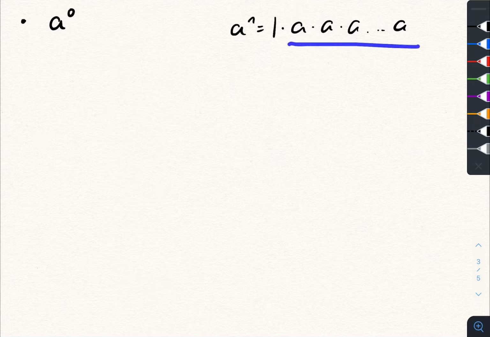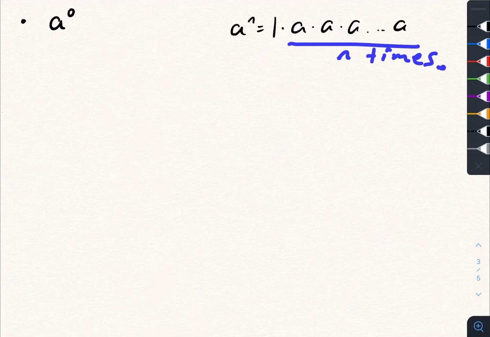Next thing I want to talk about is exponents being raised to the power of 0. So if I want to raise some number to the power of 0, what does this represent? So again, remember that I argued that a to the n should really represent 1 multiplied by a n times, right?